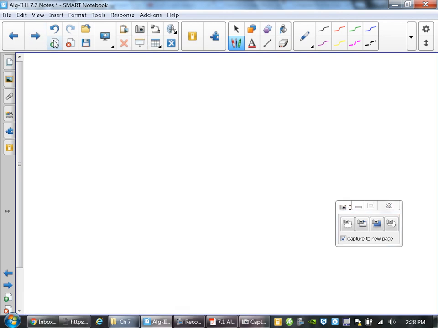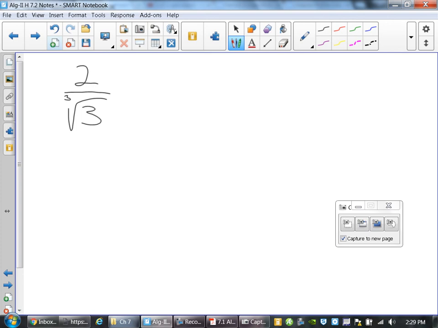So let me show you an example of what you would do if you have to rationalize an nth root. Okay, we're going to rationalize an nth root: 2 over the cube root of 3.